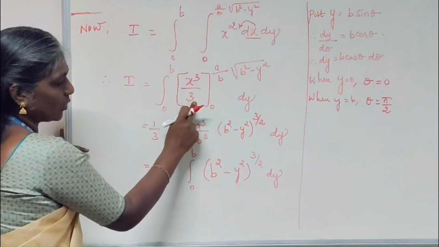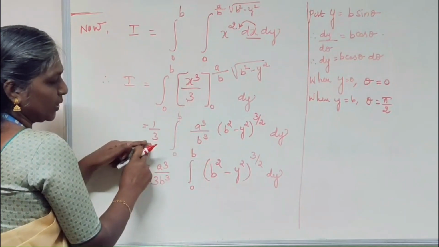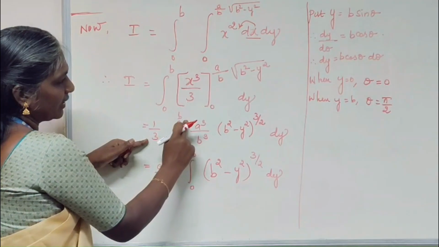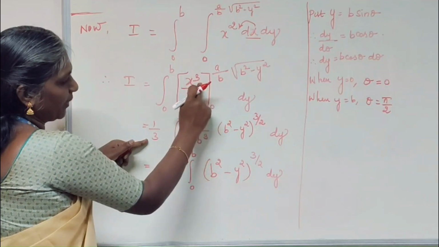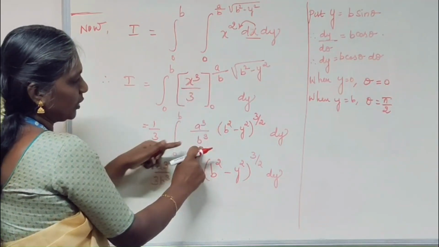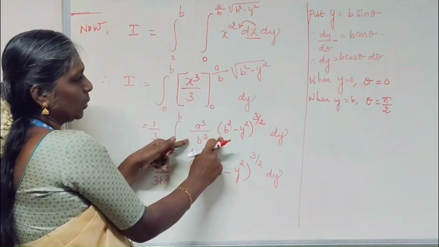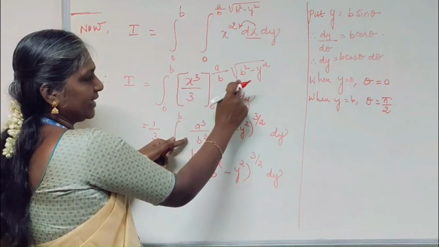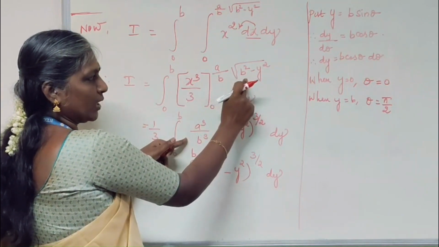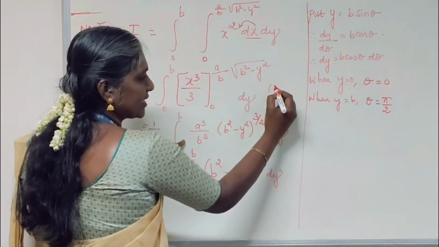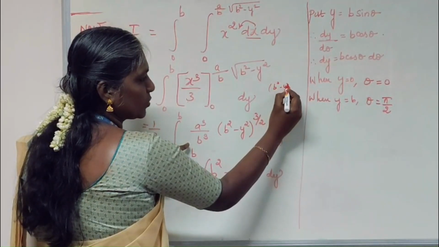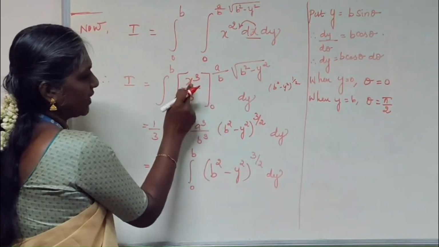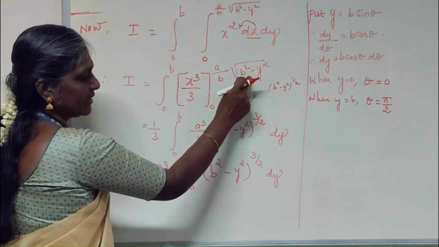Here 1 by 3 is a constant, so I took it outside: 1 by 3 integral over 0 to b of a cube by b cube into b squared minus y squared the whole power 1 by 2, raised to power 3, so we replace x cube by this.